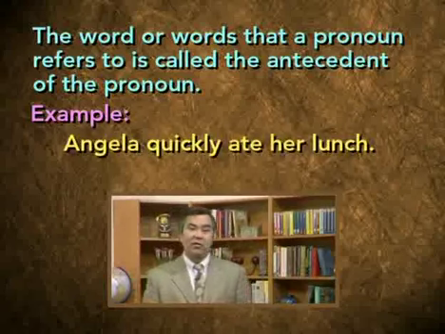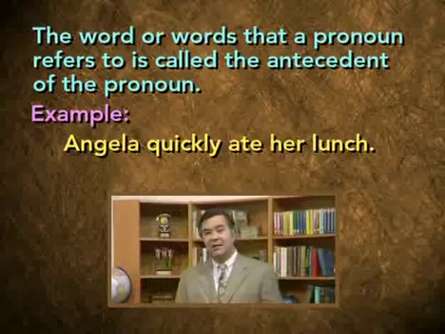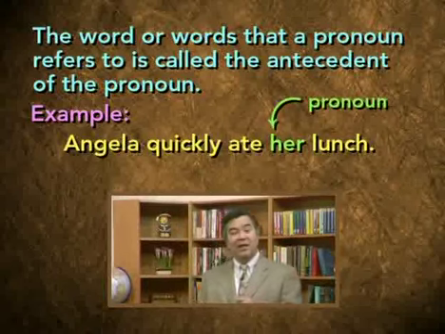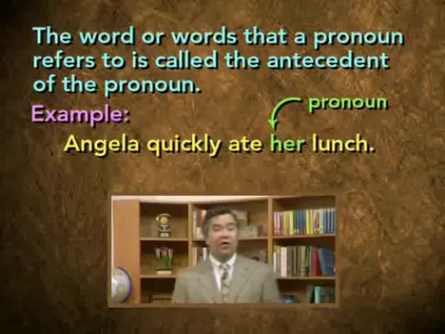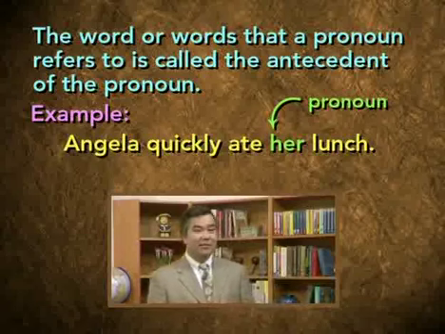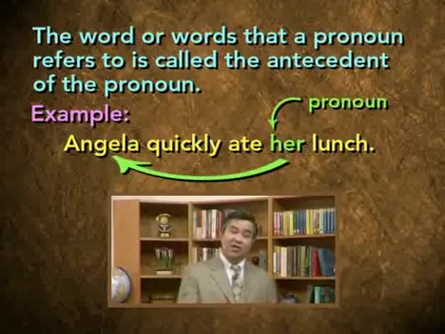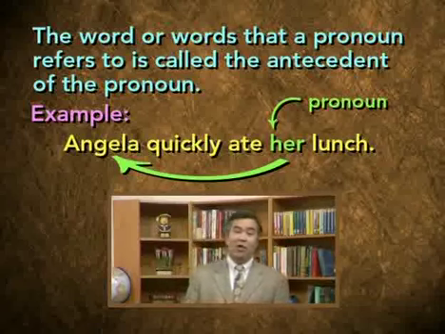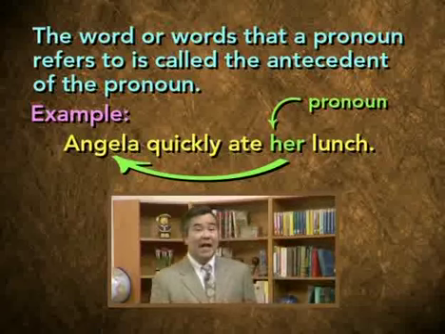What pronoun do you notice in this sentence? The pronoun is her. Now, what noun does the pronoun her refer to? Or what noun does the pronoun her take the place of? It refers back to Angela. It takes the place of Angela because in writing this sentence, the author could have repeated that noun, Angela.